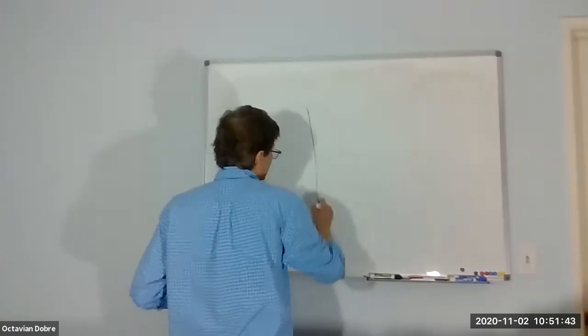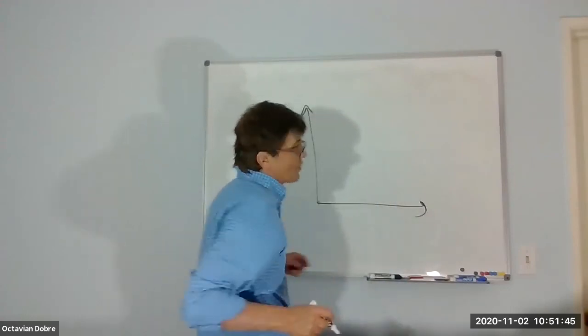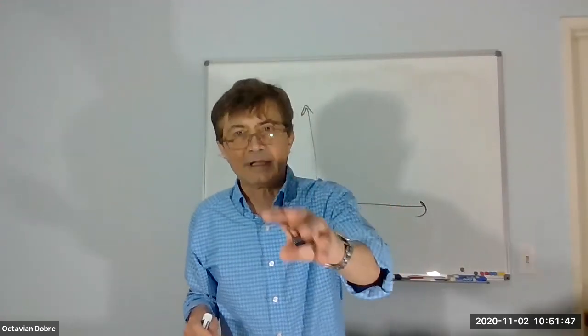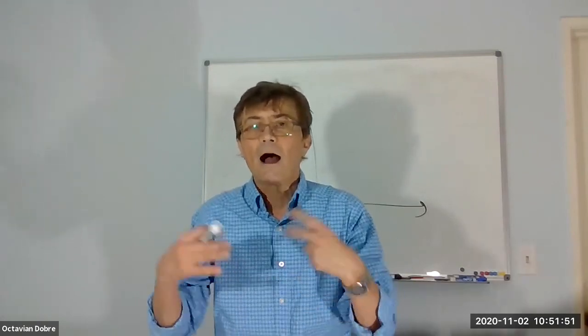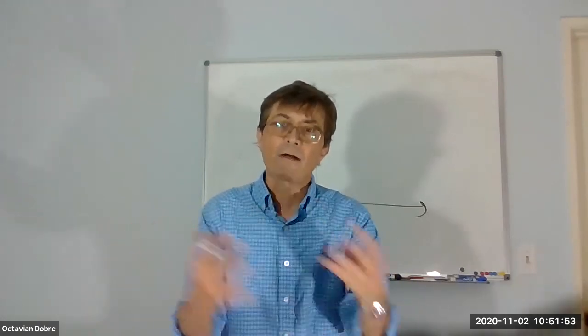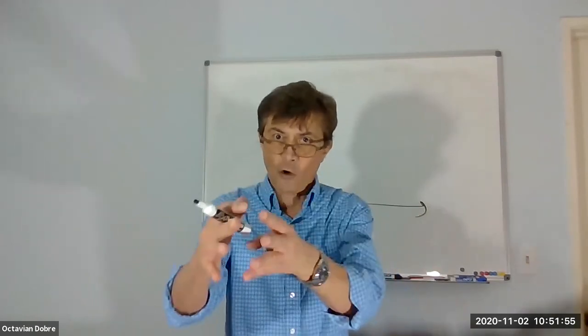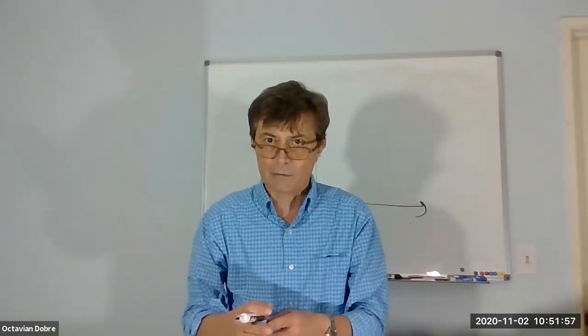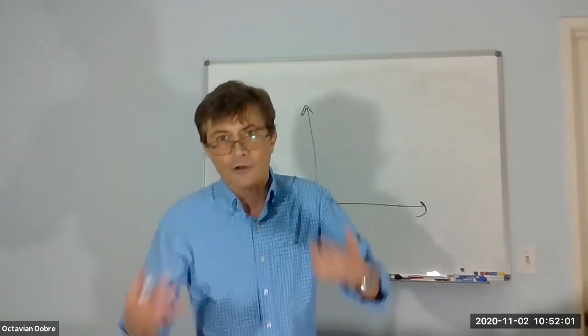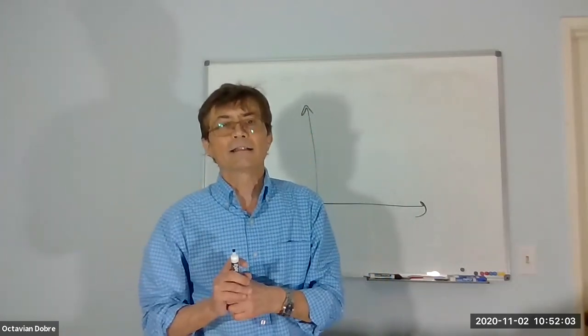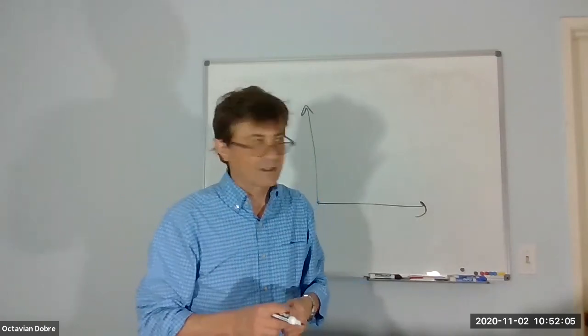So if we have a situation like this, even though on the test you're not going to see a graph, because I could not transfer the graphs from the test bank onto Canvas, it's impossible, so you're going to see it in words like I said to you a few seconds ago.